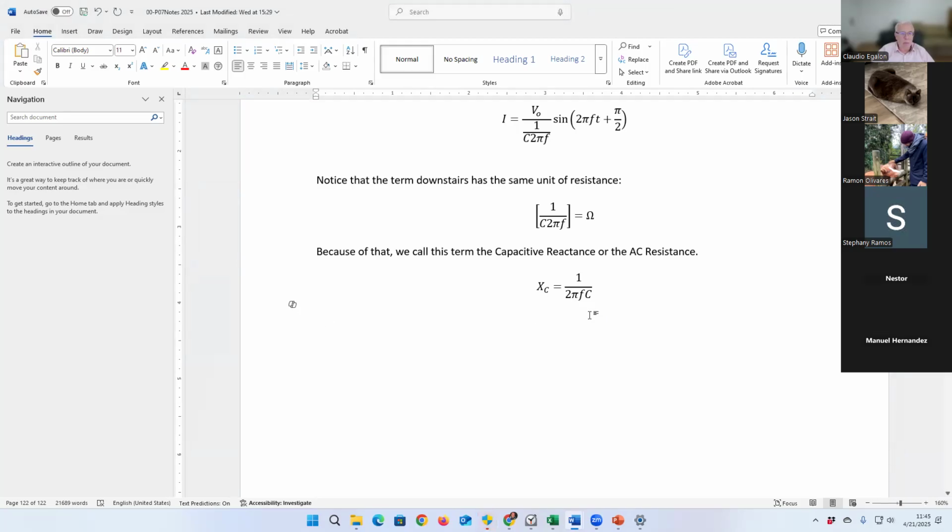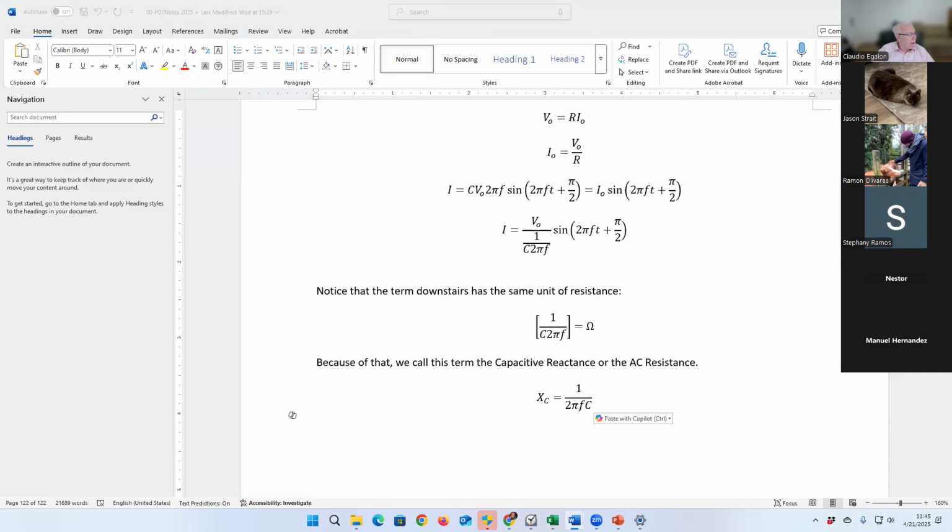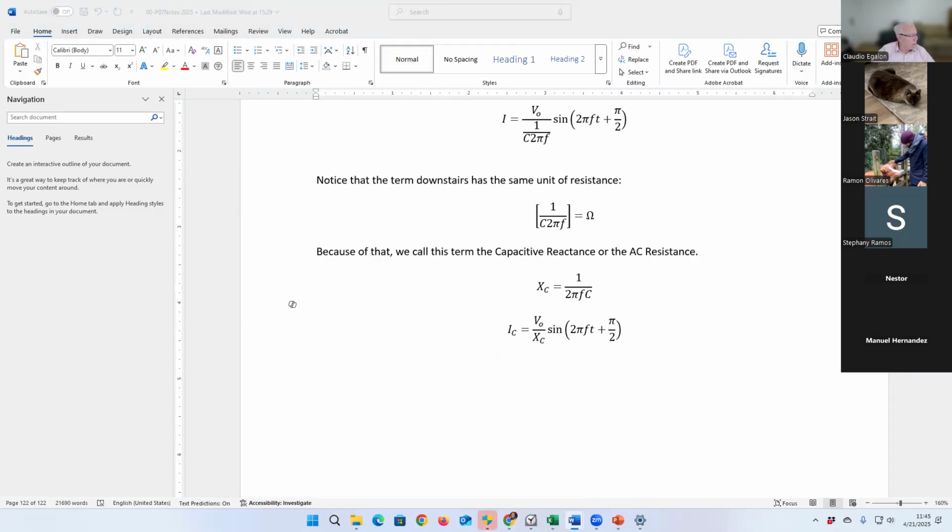Okay, and now we can rewrite the current for an AC circuit with a capacitor. We write it like that: V naught over chi C. And then we can start building up our equations, right? So we have the current for a resistance in the circuit.